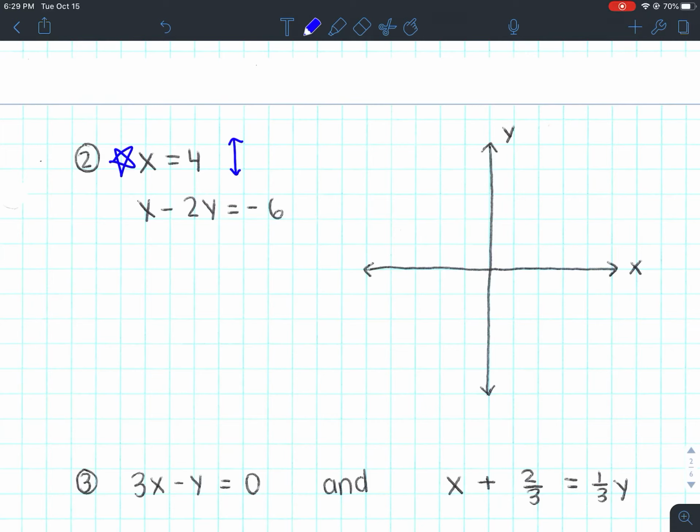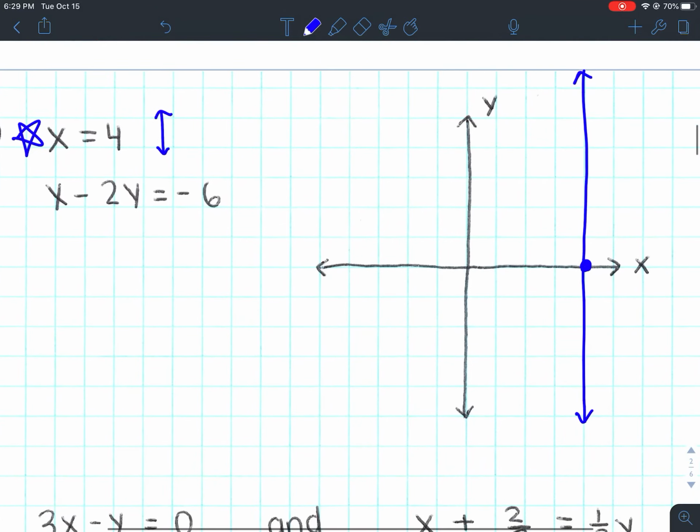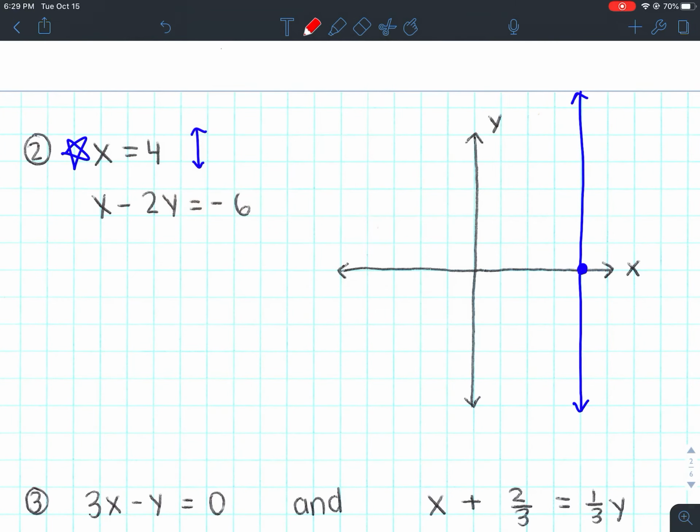So 1, 2, 3, 4. Now I know this is vertical because it's x equals, so we would follow tick marks, so you would have a straight up and down line at +4. Make this line a little bit longer. Okay. All right, so I've graphed one of the lines, so that one was pretty good.